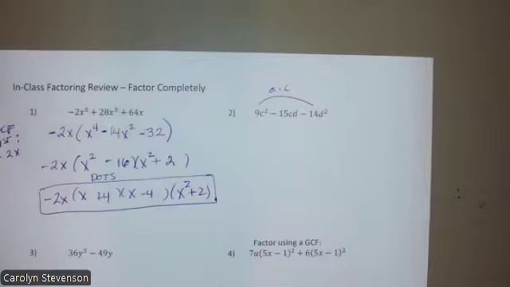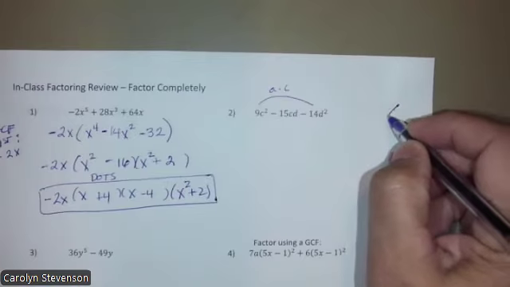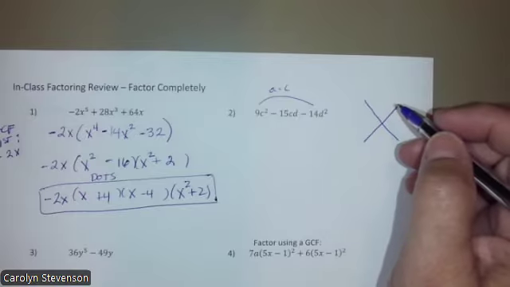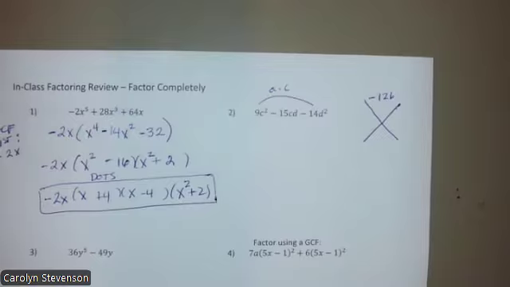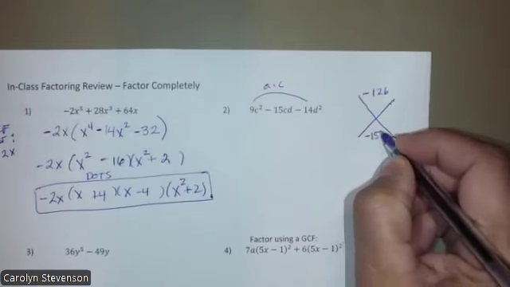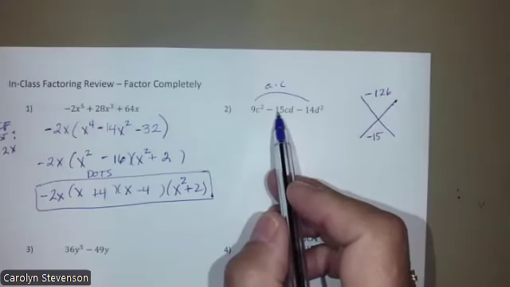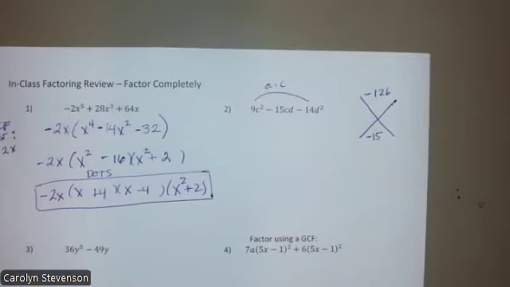So 9 times -14. And we did this x here. So 9 times -14 is -126. And we want to get a sum of -15. So we're trying to get something that works out to be -15. We're looking for two numbers that multiply to here, but add to here.